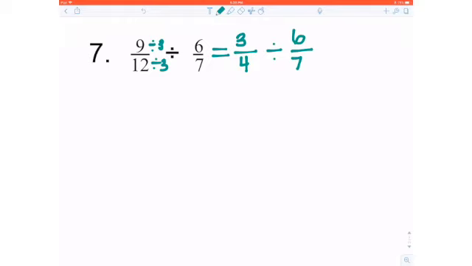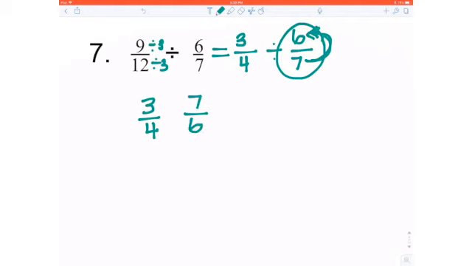When you are dividing with a fraction, what you do is you take the second fraction, you flip it, and you multiply it. Now, what the heck does this mean? Don't worry, I'll show you. 3 over 4, and now because we're going to flip this second fraction, it becomes 7 over 6. This is called a reciprocal, okay? And we're going to turn that into a multiplication sign.